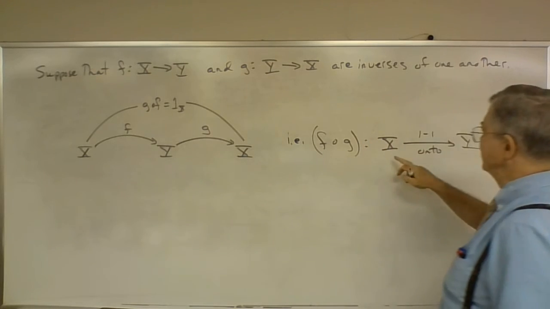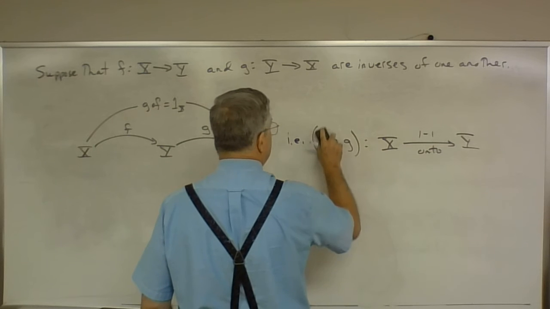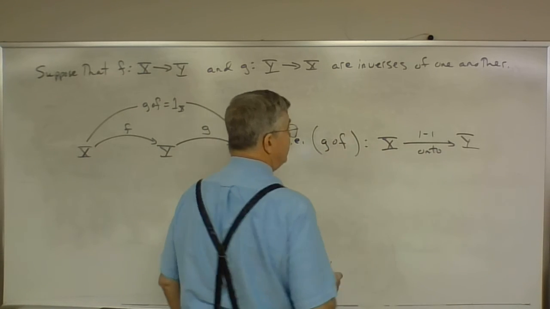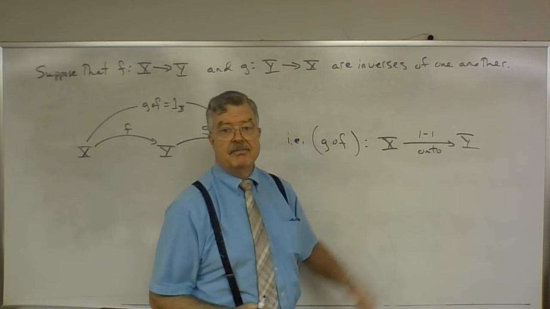I'll just write it like this. I beg your pardon. G composed with f from set x to set y is 1 to 1 and on to.